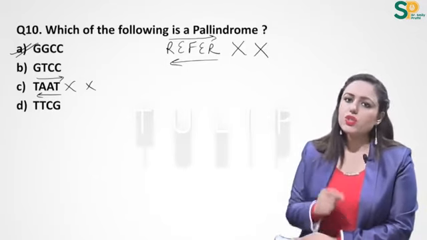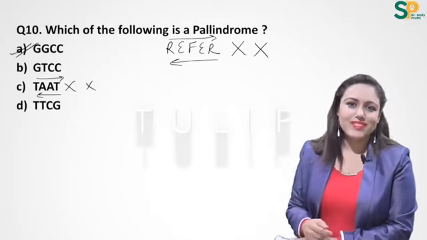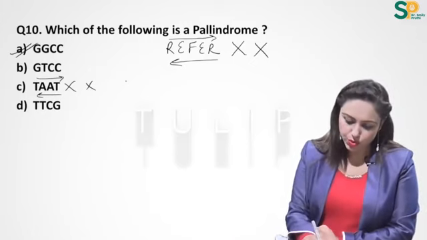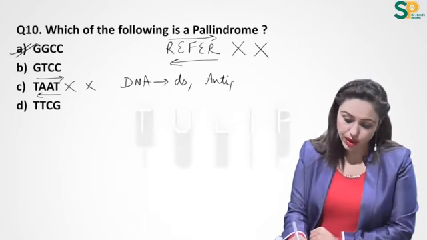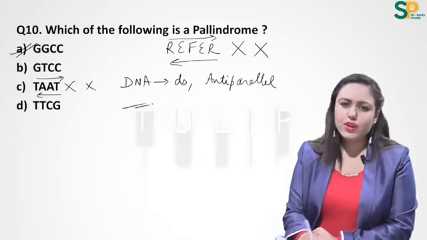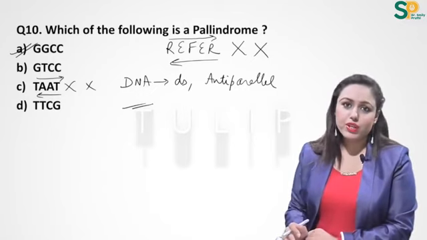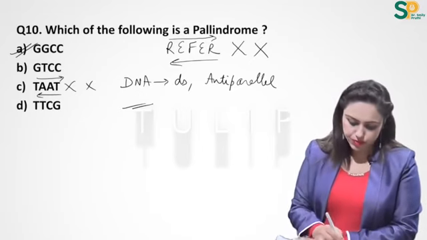But tell me, is it cutting DNA or some English word? Obviously it is cutting DNA, not an English word, and DNA is double-stranded, and those 2 strands are anti-parallel. No English word has such characters, right? So we can never take the example of an English word. We always have to take the example of DNA only.